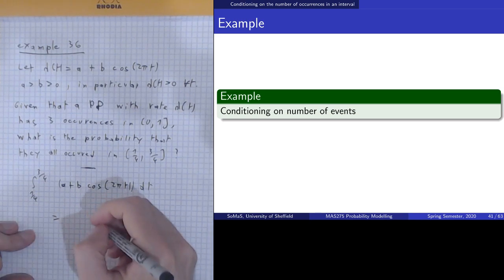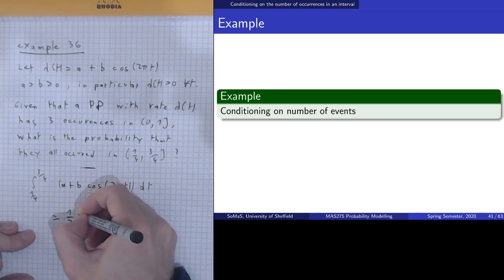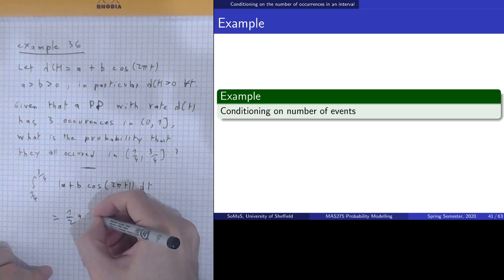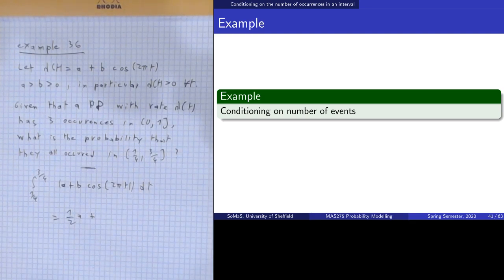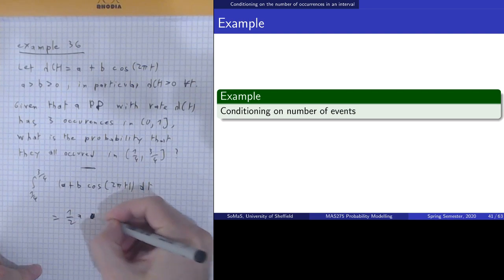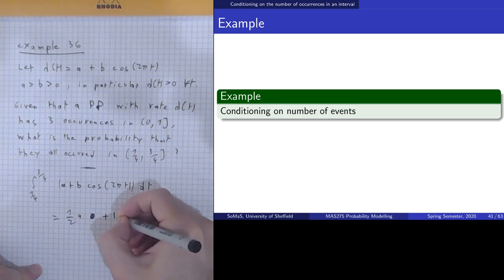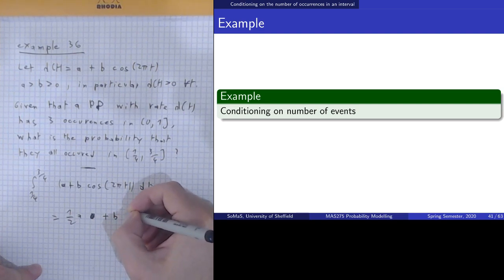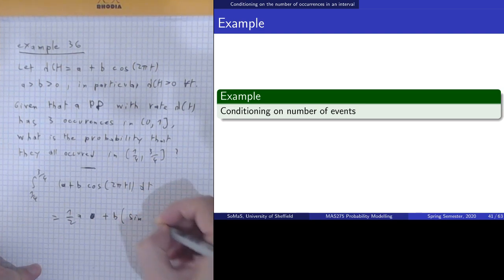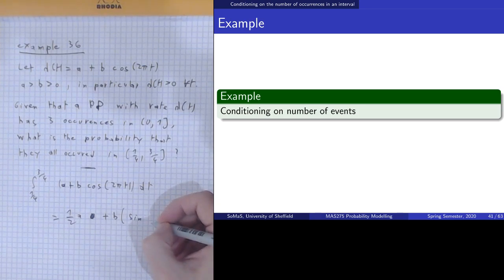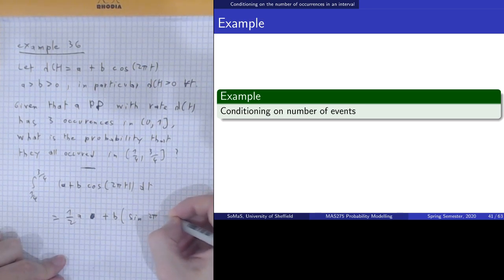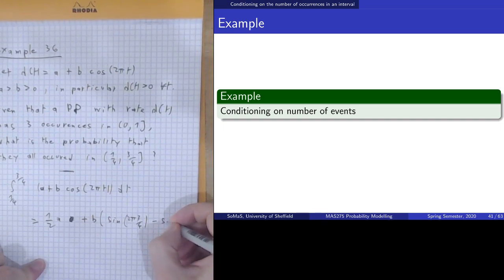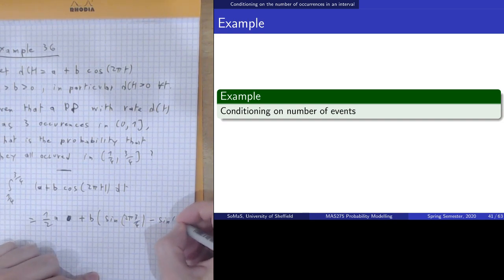Well, we get half of a, plus b times sine of 2 pi times 3/4 minus sine of 2 pi over 4.